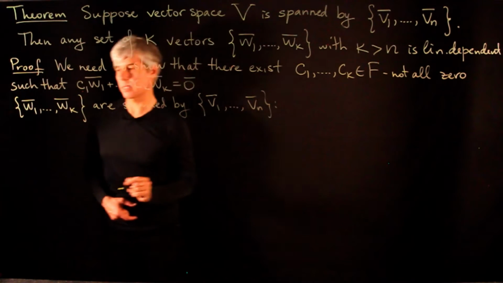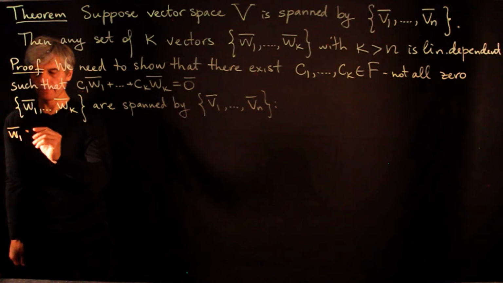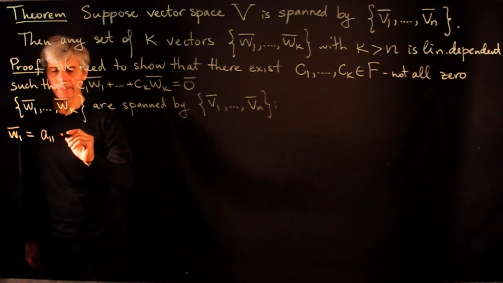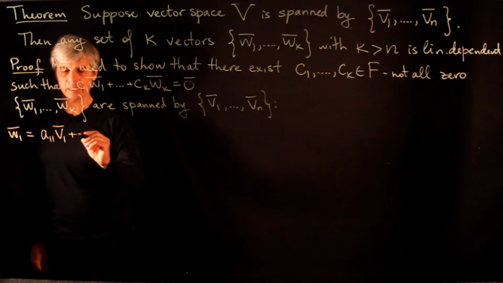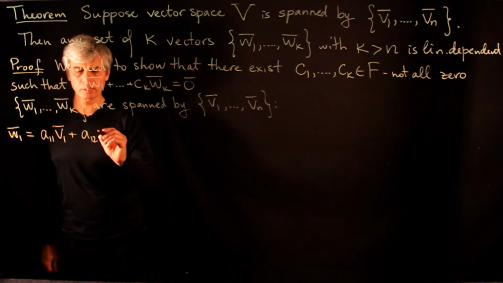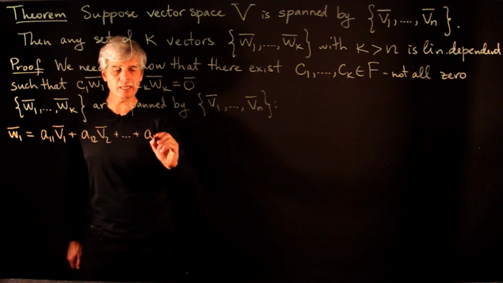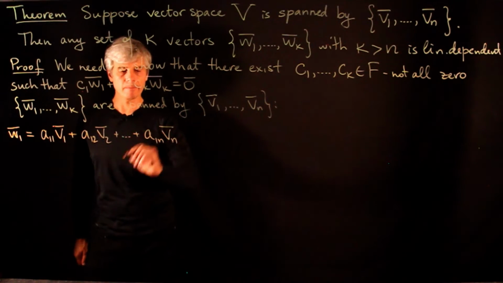What does it mean? This means that w1 can be written as a11 times v1 plus a12 times v2 plus ... plus a1n times vn.